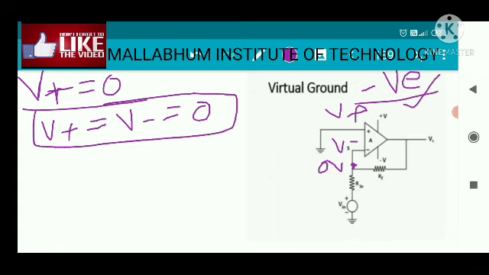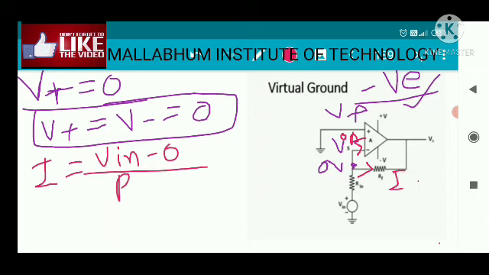As I have said, no current is drawn by the op-amp; it is 0 ampere. So current flows through this path I, where I equals V in minus 0 divided by R in, so I equals V in divided by R in.